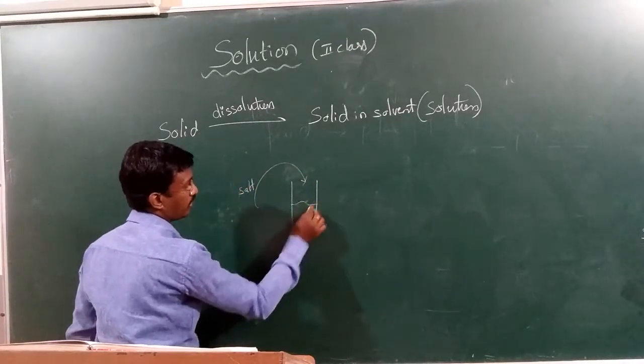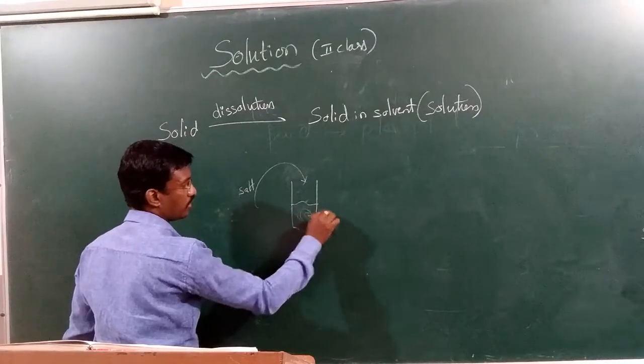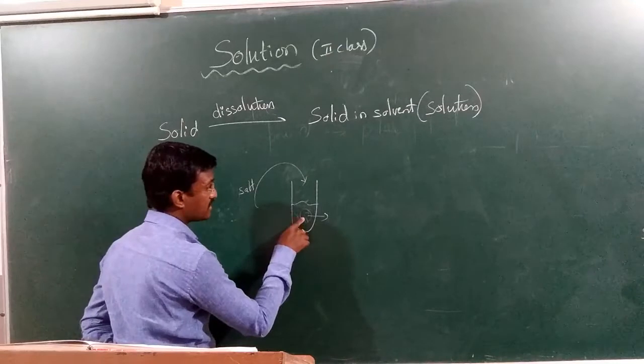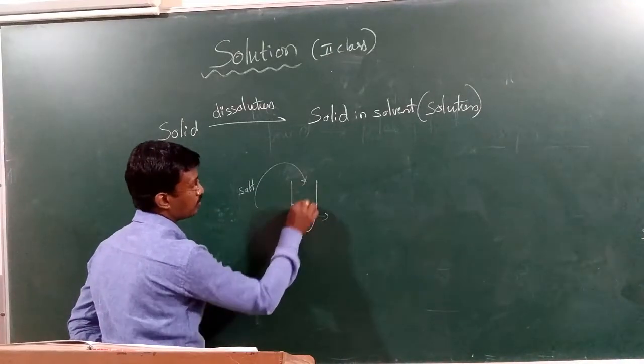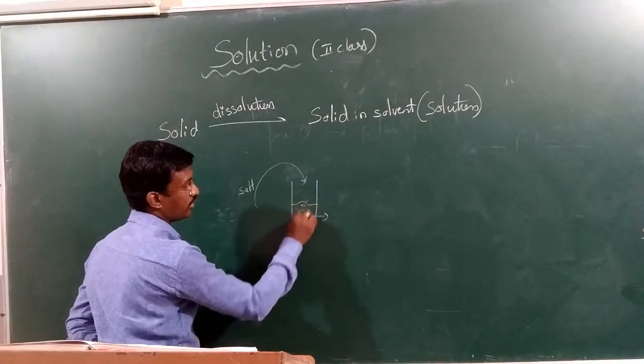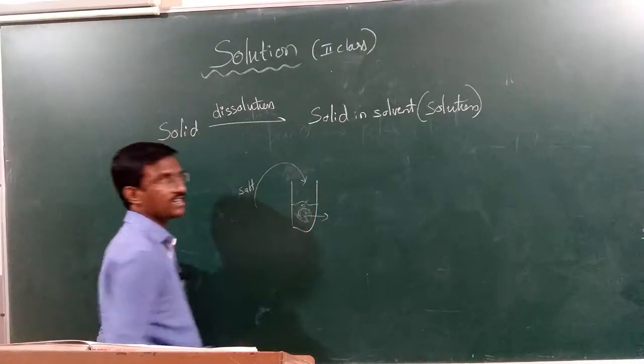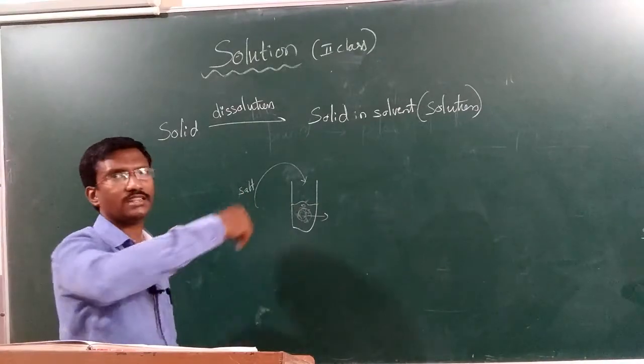The salt is going to mix with the water. Therefore, it is going to form the salt solution. Think that if we are adding the salts, they are going to mix, they are going to dissolve. That process is called dissolution. To some extent we are dissolving that, meaning we go on adding the salt and it is mixing.